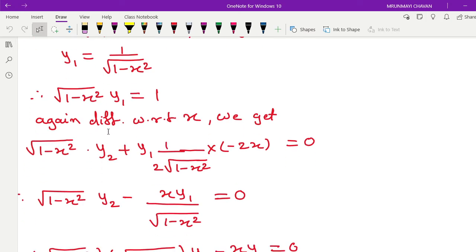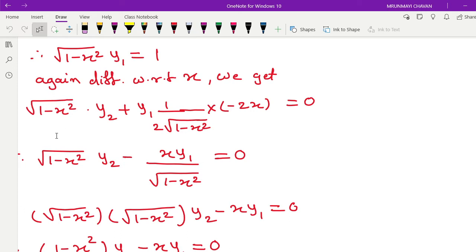Now again differentiating this with respect to x, here we use the product formula for derivative. So root 1 minus x square into the derivative of y1, which is y2, plus y1 into the derivative of root 1 minus x square, which is 1 upon 2 root 1 minus x square into the derivative of 1 minus x square, which is minus 2x, is equal to the derivative of 1, which is 0.